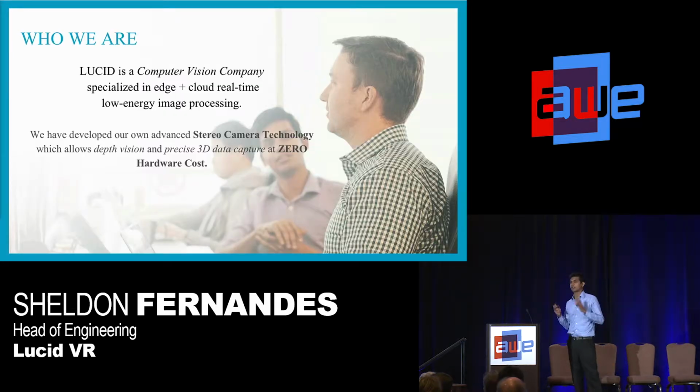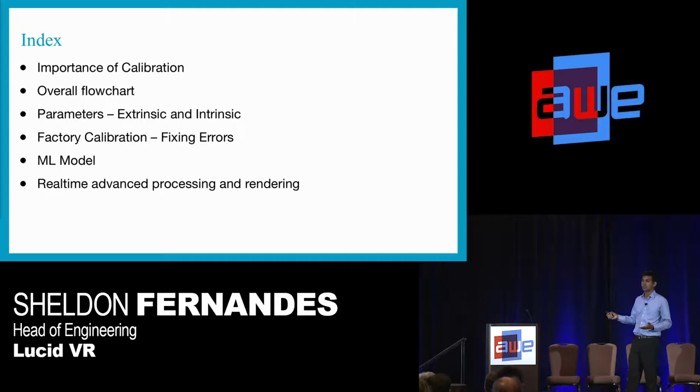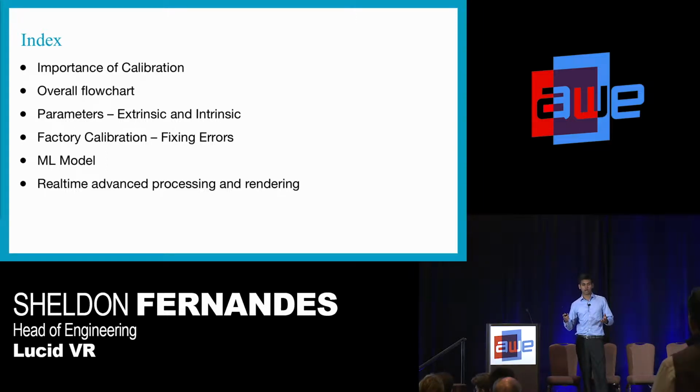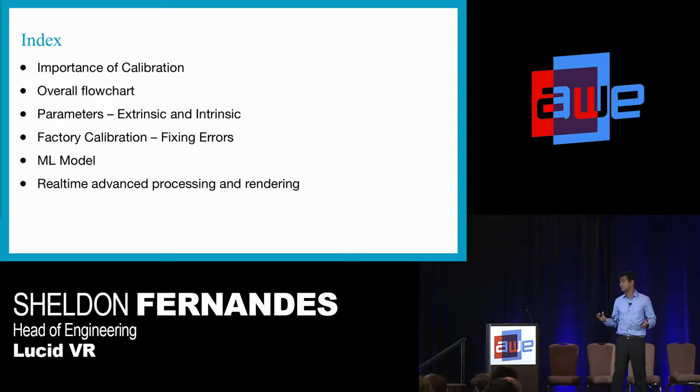I'll be spending a lot of time on calibration in general, but I'll also go over a few other things that make up a stereo camera. We'll start off with understanding why calibration is so important in constructing a camera. Then we'll go on to see what the overall flowchart is. We'll see when calibration happens, how long it takes, and all the steps involved.